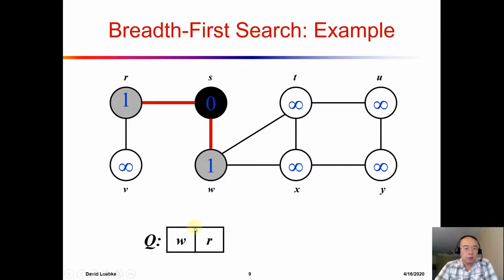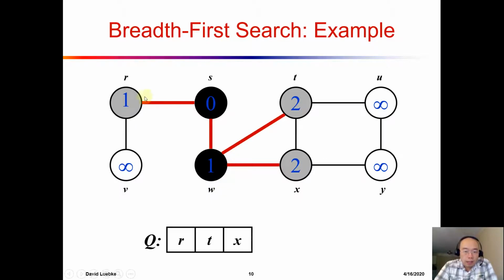So the next one, we want to pop another one from the head of the queue, which is W. So we pop W, and for the two adjacent white nodes, which are T and X, we add them to the queue. After that, we have explored all the adjacent white nodes of W, so W can be black now.